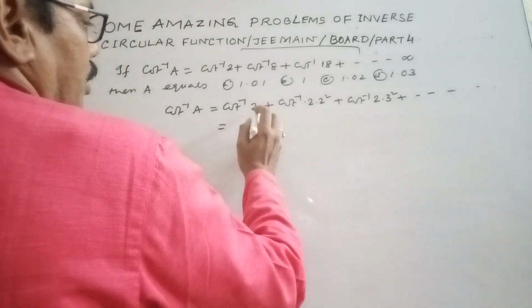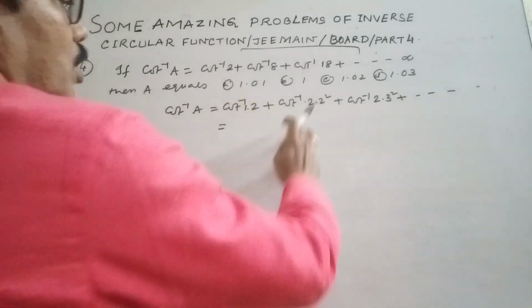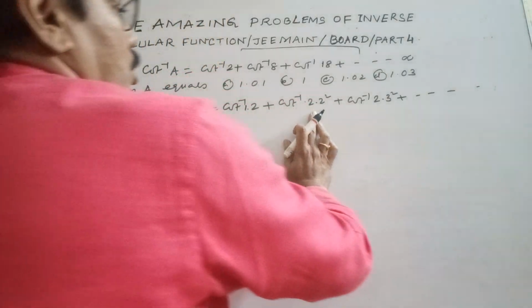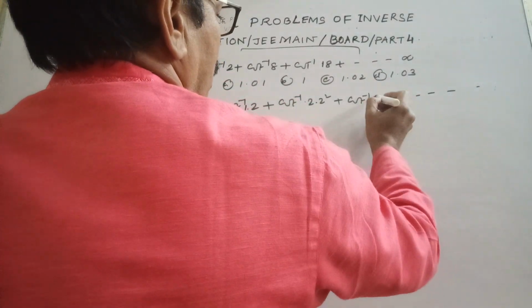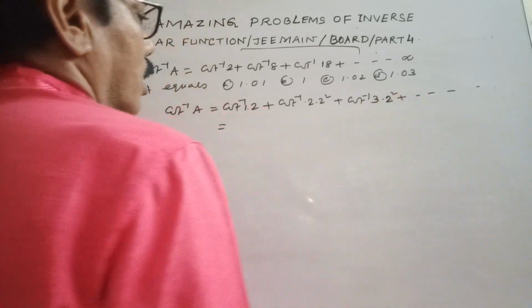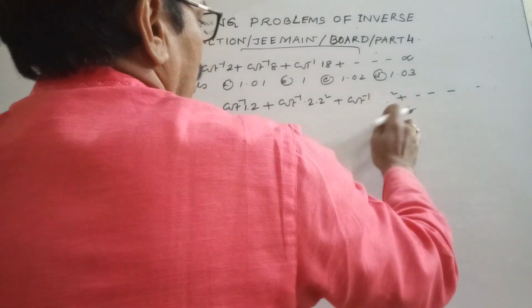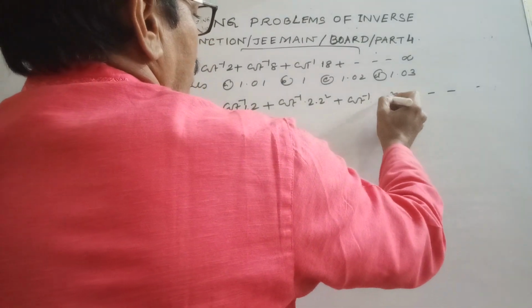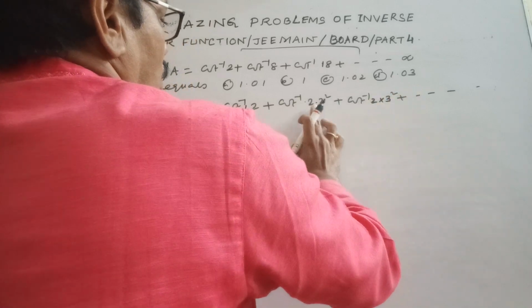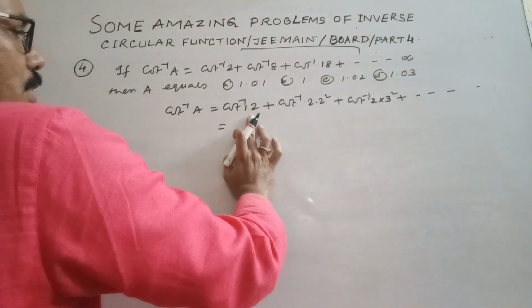So we can write it 1 into 2, 2 into 2 square, and so on. No, this is not the case. So 2 into 3 square, 18. 1, 2 into 2 square, 8. Okay.